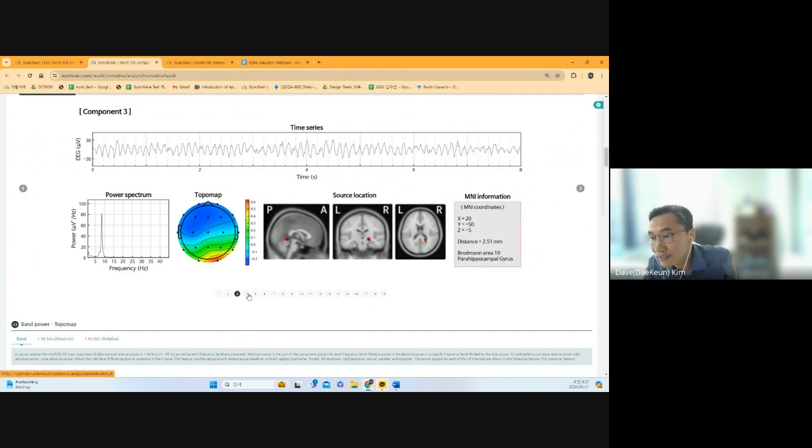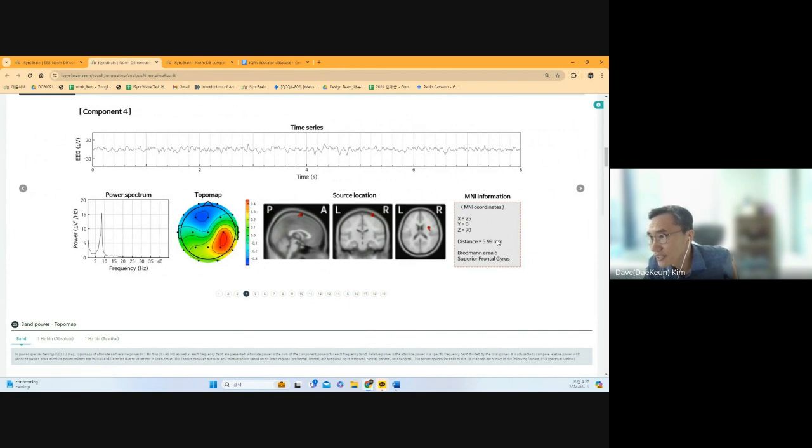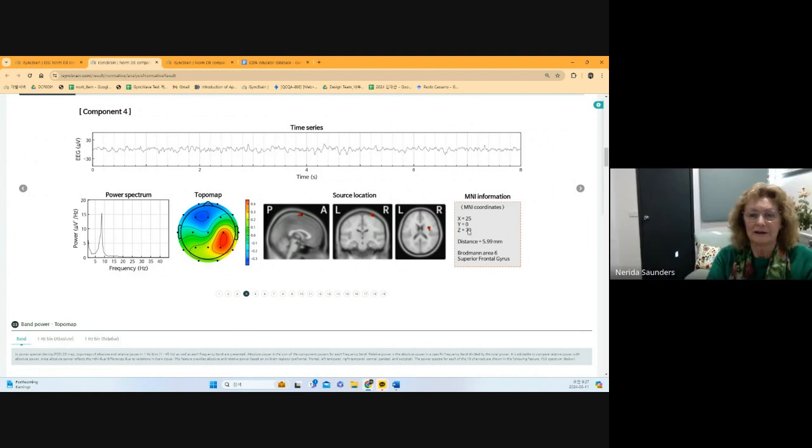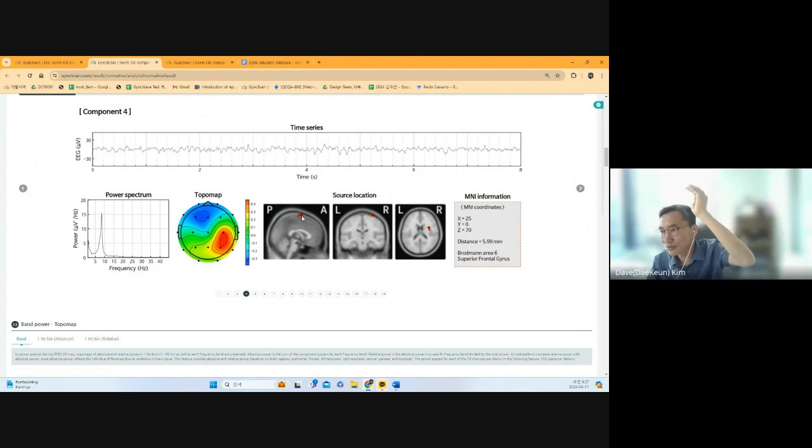And another component is the frontal. You can see this is the right frontal, very high position, z is 70, and the projection is a little bit behind, with posterior direction.